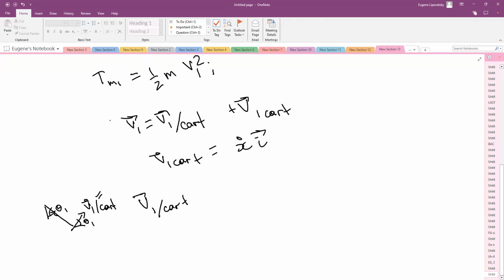And numerically, it will be equal to omega 1, so there's going to be theta 1 dot times b.